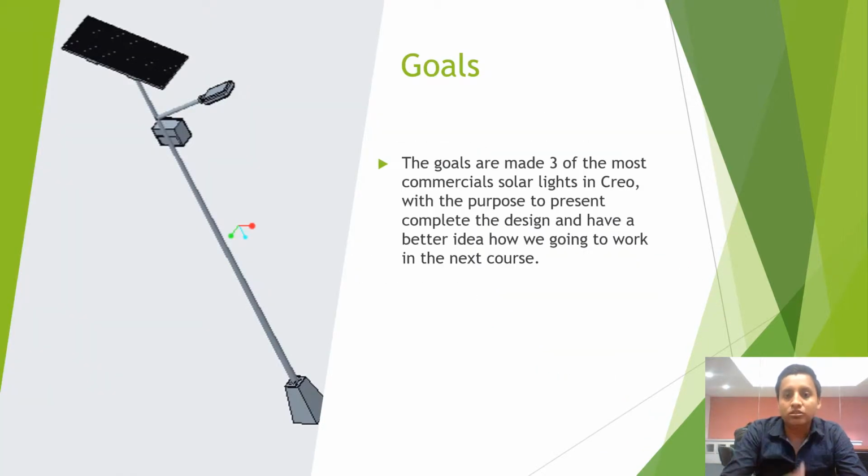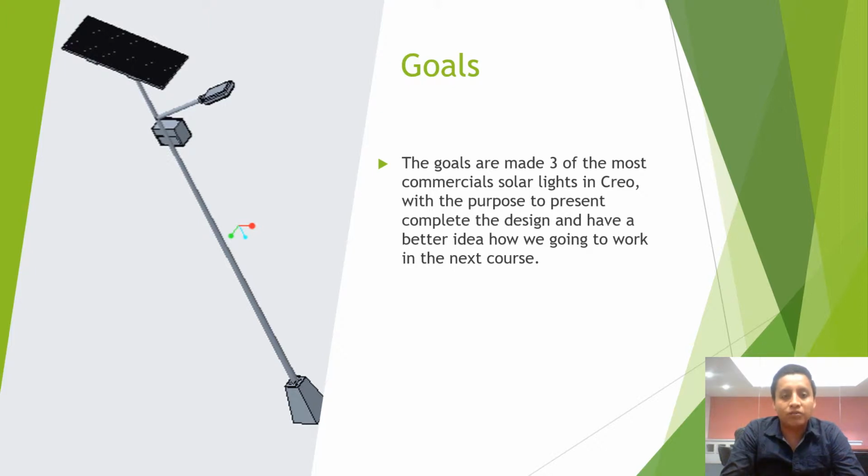My goals are to make three of the most commercial solar lights in Creo, with the purpose to present the complete design and have a better idea how we're going to work in the next course. The three most commercial lights are the 6 meters, 8 meters, and 9 meters.